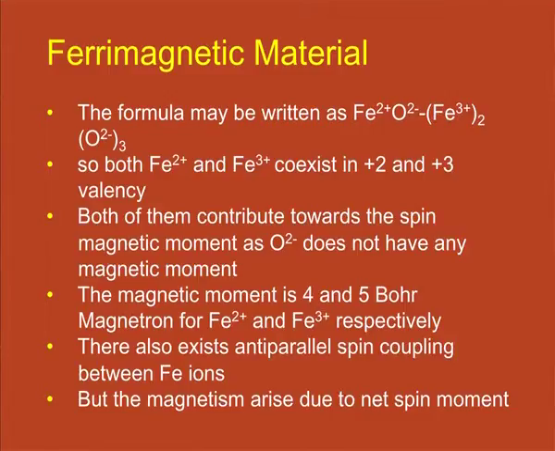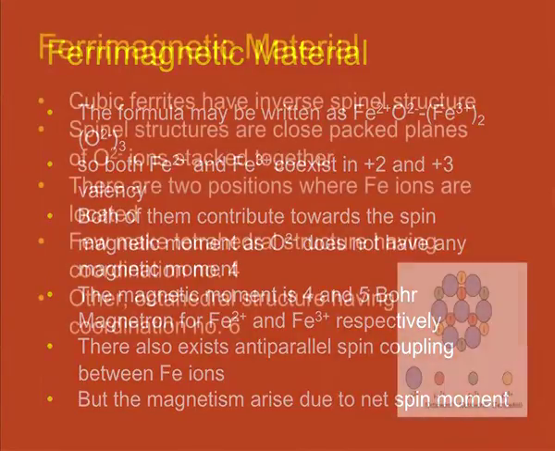Now, the magnetic moment is 4 and 5 Bohr magneton for Fe+2 and Fe+3 respectively. There also exists antiparallel spin coupling between the iron ions in the composition of magnetite. Both the magnetism arise due to the net spin moment of Fe2+ and Fe3+ ions in the composition.